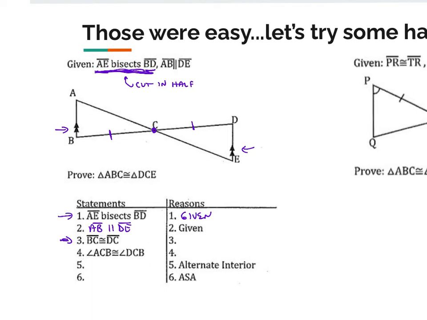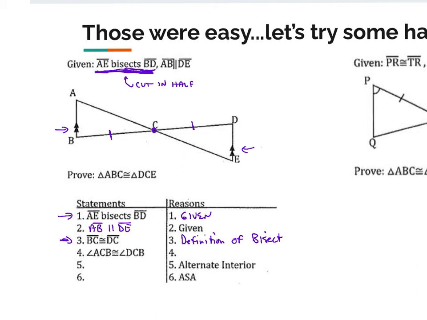So what do I write for a reason? I know that's true because BD gets bisected. So I just have to say definition of bisect, which means to get cut in half. That's all I have to say.